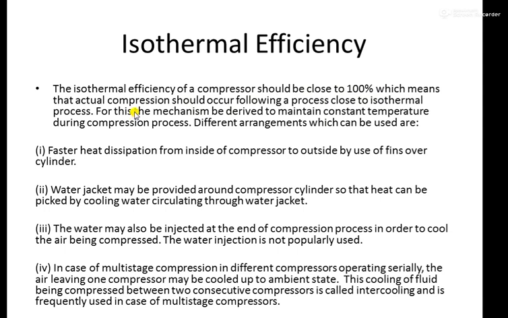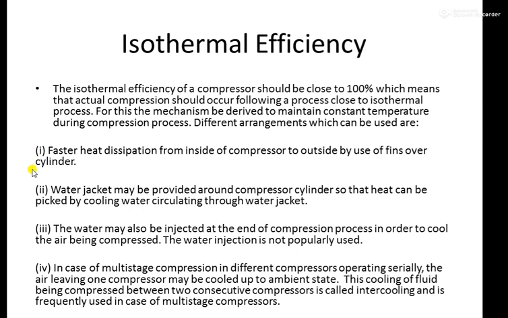As a designer, every designer wants the work requirement for the compression to be minimum, so this should be close to 100%. Thus mechanisms are devised to maintain a constant temperature during the compression process, and a number of arrangements can be used for faster heat dissipation.